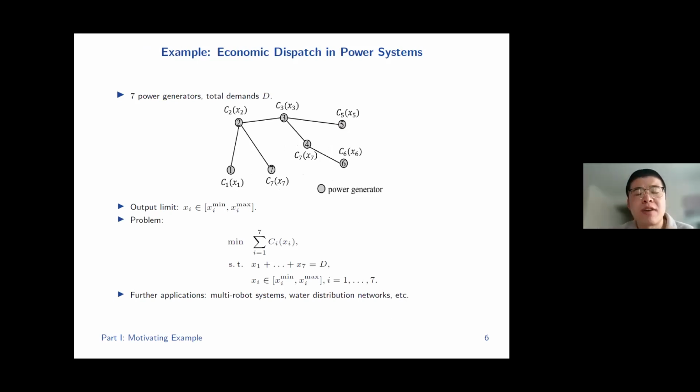Distributed optimization also has many applications in power systems, such as economic dispatch. Suppose there are 7 power generators in the power system, and the total power demand at a time instance is D. For each power generator, xi is the amount of power generated by this power generator, and Cixi is the corresponding cost.